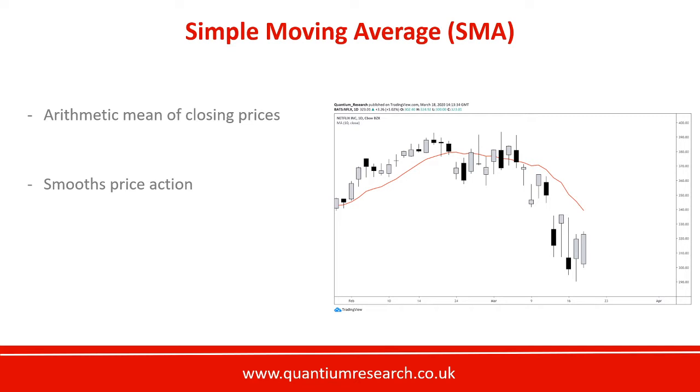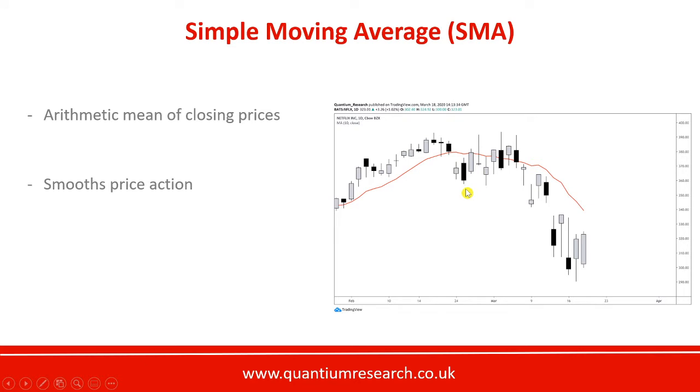A lot of the time people struggle to find trends, but in this case, by using this line, this simple moving average, we're able to understand that in the first part of the graph, the shares were trending up.